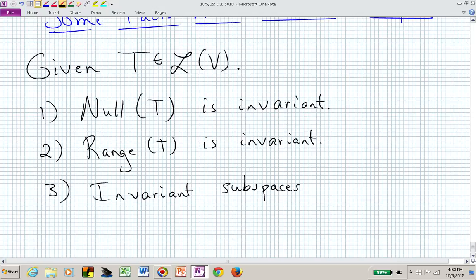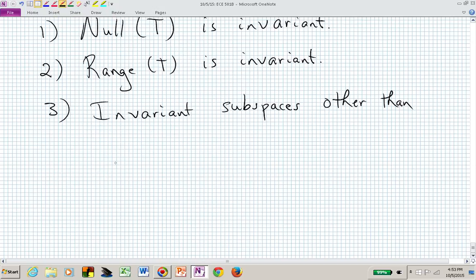Some invariant subspaces other than zero and V are sort of trivial invariant subspaces, aren't they? If we start in 0, we're going to stay in 0 with a linear map. If we start in V, by definition of the operator, we remain in V. So that's also an invariant subspace.